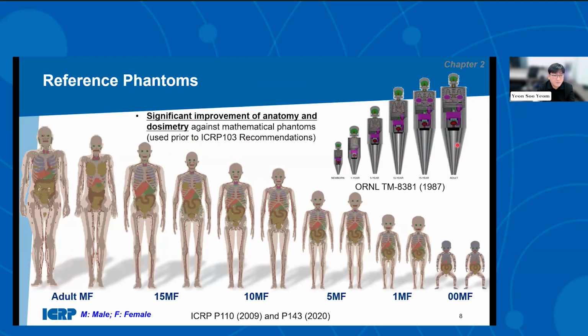So this is an example of the mathematical phantoms developed by Oak Ridge National Lab. As you can see, the shape of the body and organs or tissues is represented by mathematical formulas, such as cylinders and ellipsoids. So you can see the voxel phantoms can significantly improve anatomy and dosimetry.